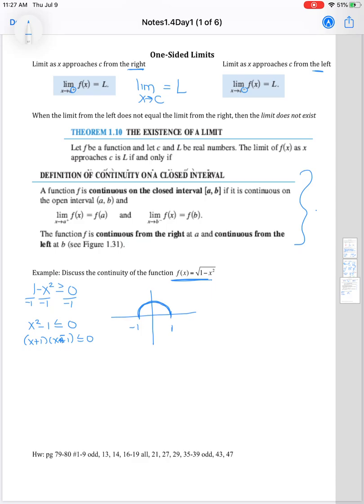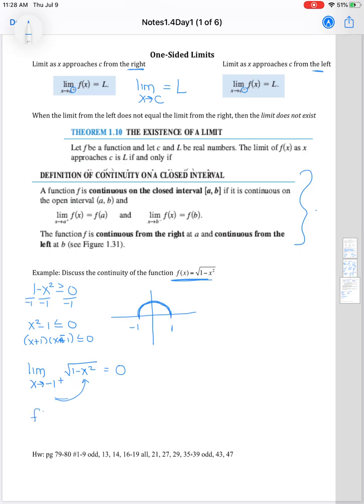All right, so if we now look, according to what this says, it says the limit as x approaches -1 from the right of our function, square root of 1 minus x squared. If we subbed -1 in, because you can just sub it in, don't freak out with the plus sign because you might be able to still use direct substitution. So if you sub in -1, you get -1 squared, which is 1. 1 minus 1 is 0, and the square root of 0 is still going to be 0.